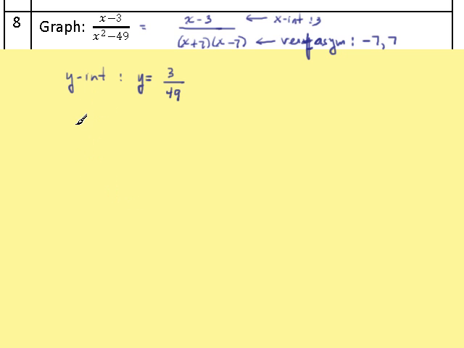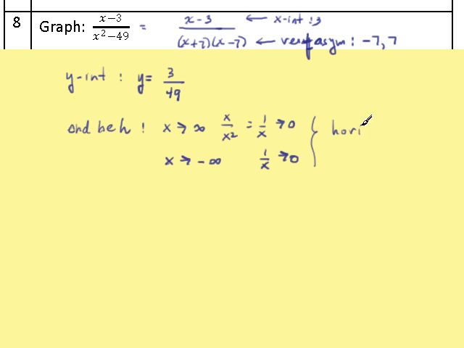All right, now let's do end behavior. When x goes to infinity, x over x squared, that's equal to 1 over x, goes to 0, and on the other side as well. All right, so that's a horizontal asymptote. y equals 0.